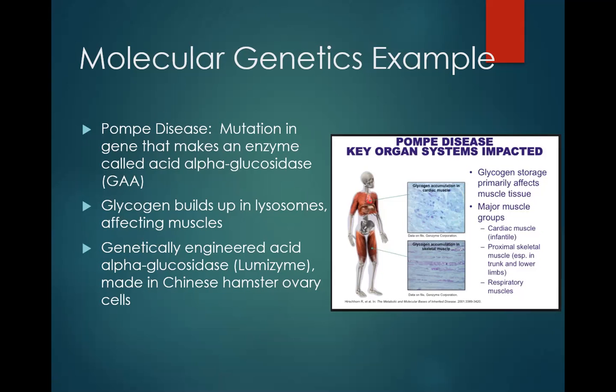It's a cure that can allow those children to survive and live more or less normal lives. So every month or so they have to get this new injection, but once they do that, they can live pretty much normal lives. So that's an example of the power of how molecular genetics can cure a disease and save a life.